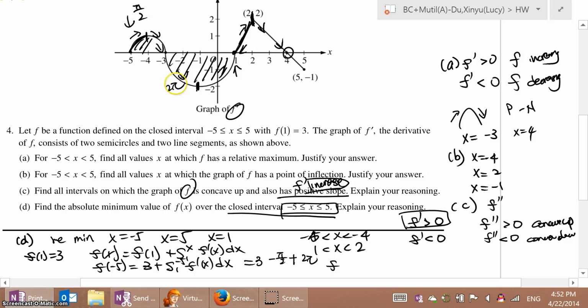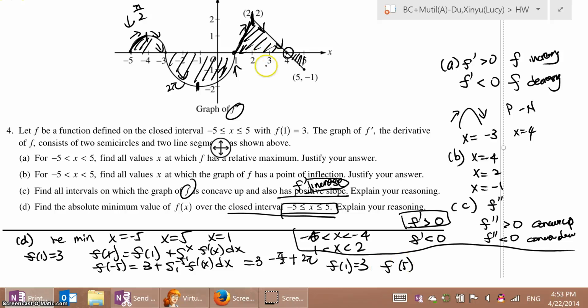And for x equals 1, we know it's 3, and for x equals 5 we have to add up the area of that triangle, which is the base of 3 times the height of 2 over 2, so an area of 3, and the other triangle has an area of negative a half.